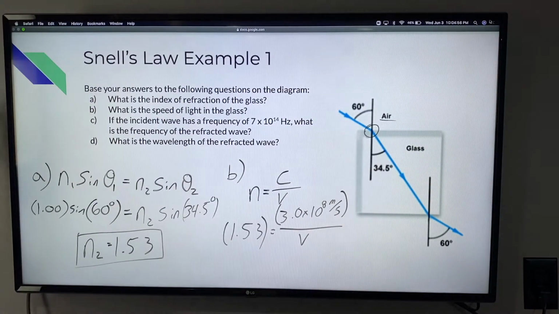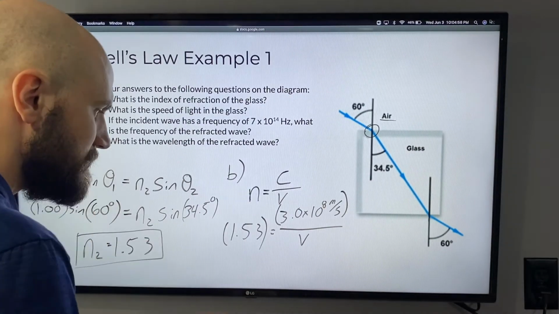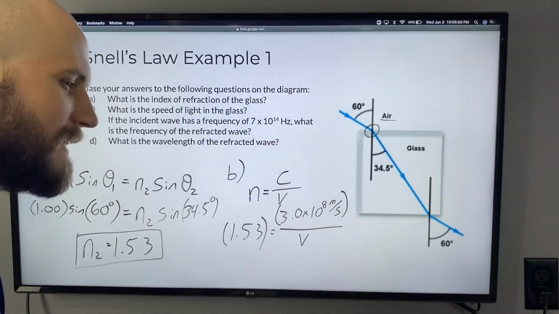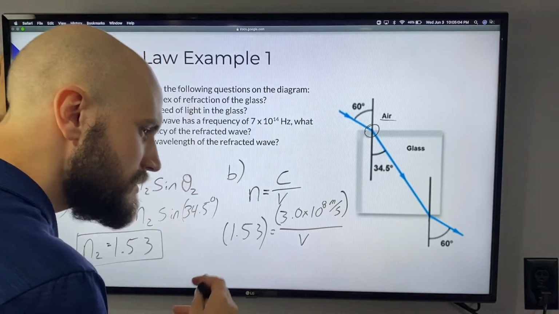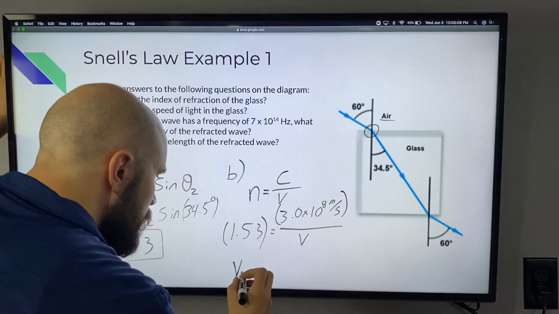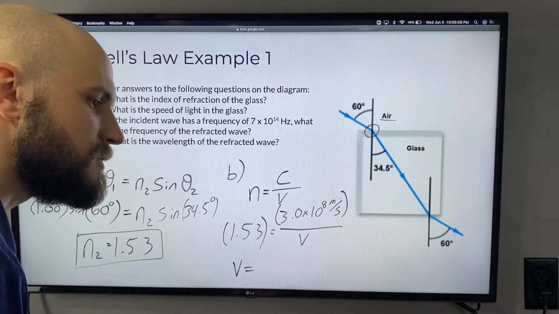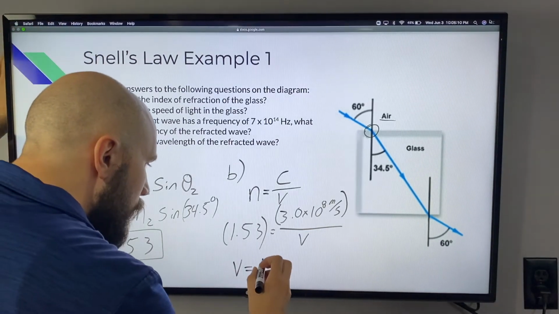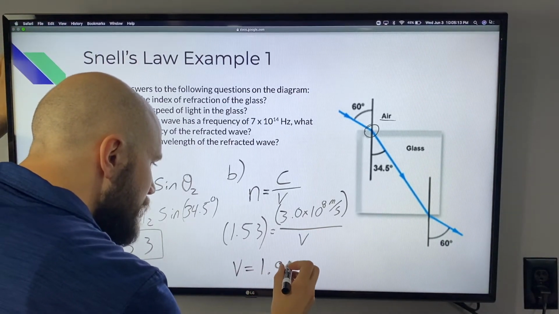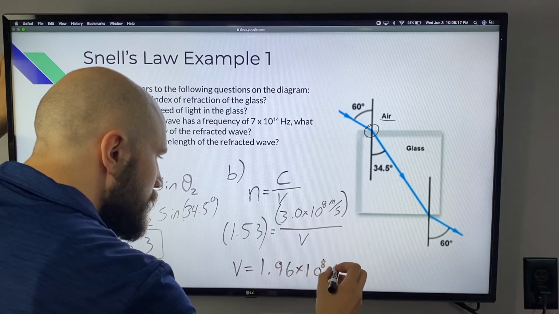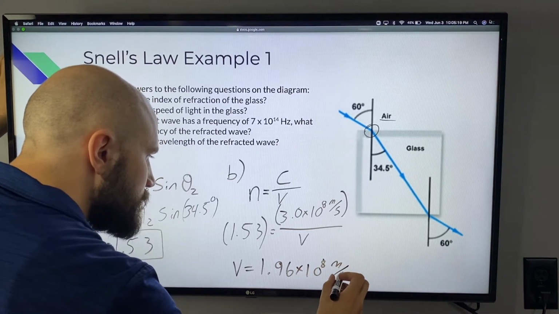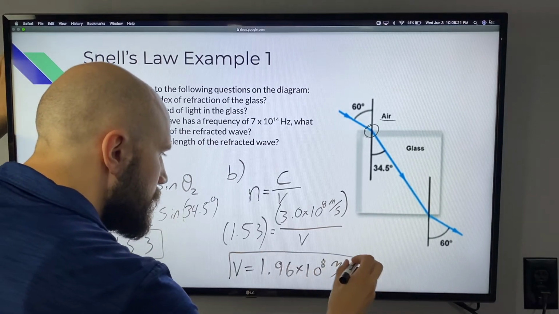It's going to end up being 3.0 times 10 to the 8 divided by 1.53, multiplying it by like 2/3. The correct answer is going to be 1.96 times 10 to the 8 meters per second. Boom.